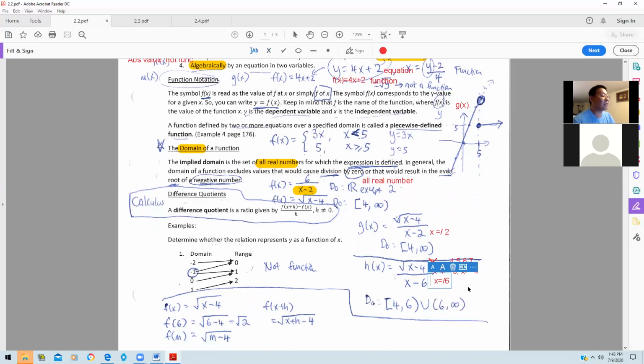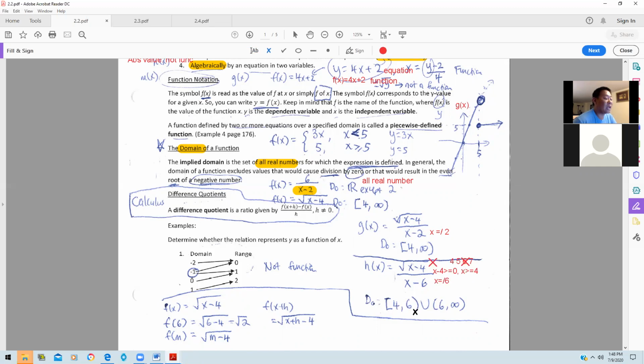If you look at this on the number line, it says 4, 5, 6, 7, anything above that, and you cannot have 6. So this domain is 4, 5, 7, 8, 9, 10. In this case, your domain will go from 4 to 6, and then 6 to infinity, because 6 is not included.